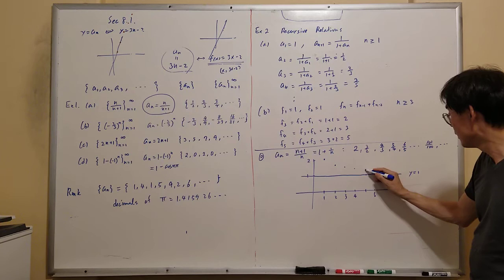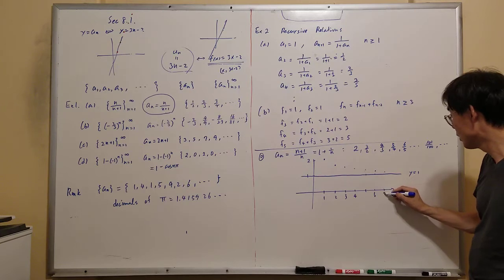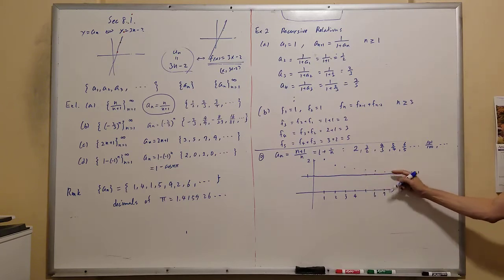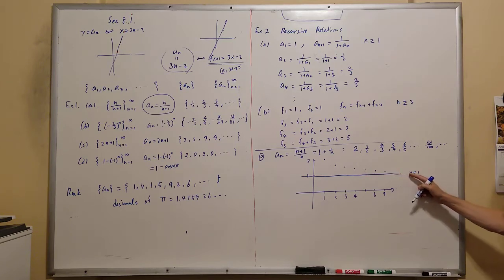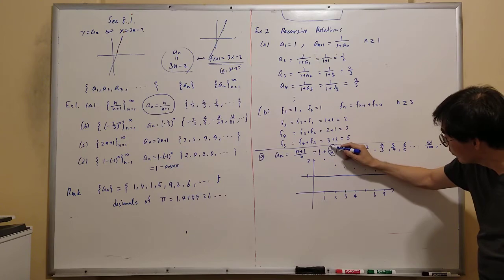So you know that these things are getting smaller and smaller. So what do you expect? As n gets larger and larger, this will approach the value 1, because obviously 1 over n will approach 0.